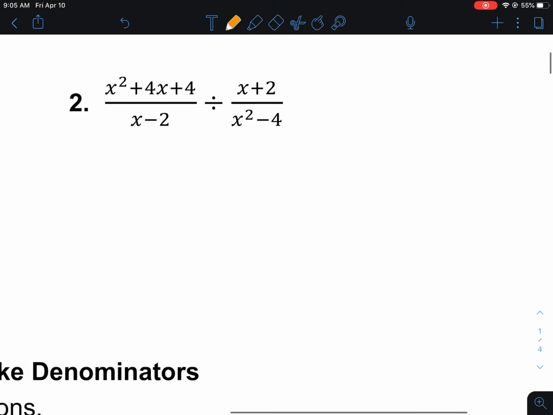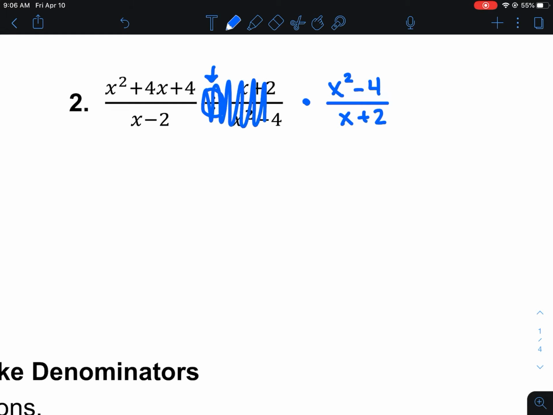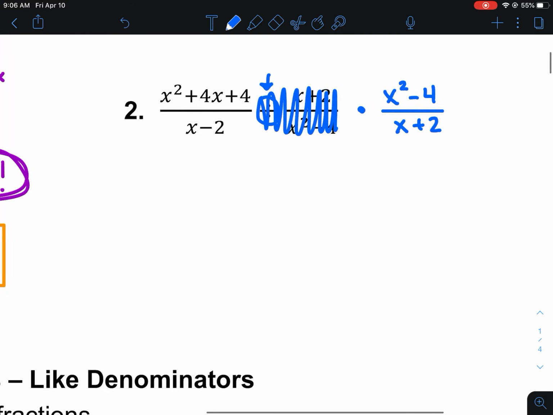All right, for number 2, the difference here is we have division, which means we want to change this to multiplication by flipping the fraction. So I'm going to put x squared minus 4 on top and x plus 2 on the bottom. And then I'm just going to go ahead and cross that whole piece off. Everything else is the same.